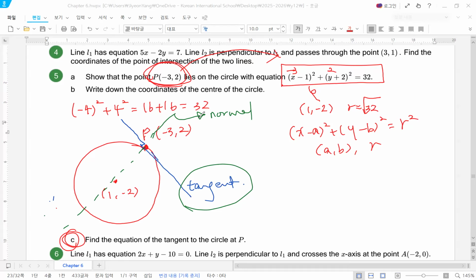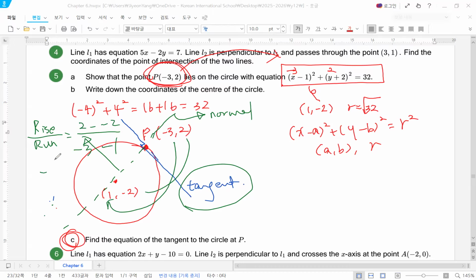Okay, so firstly, you can find the gradient of this normal line, which is rise over run: difference in y coordinate, which is 2 minus 2, over difference in x coordinate, negative 3 minus 1. Do you understand?